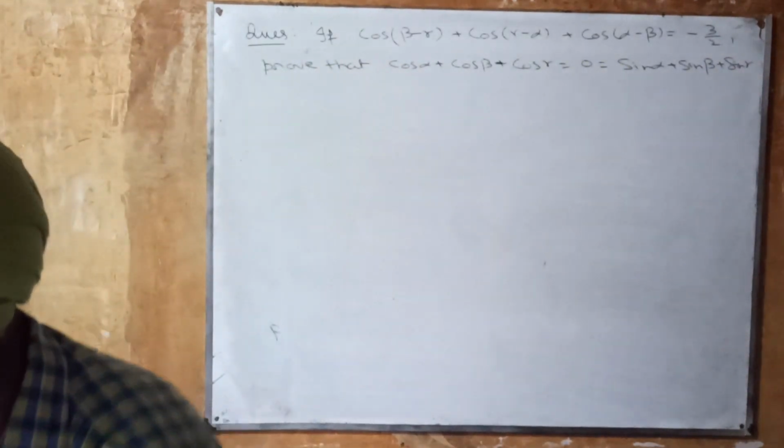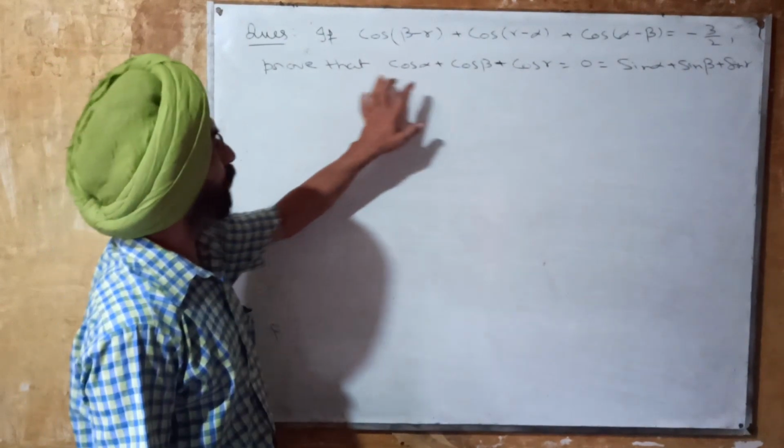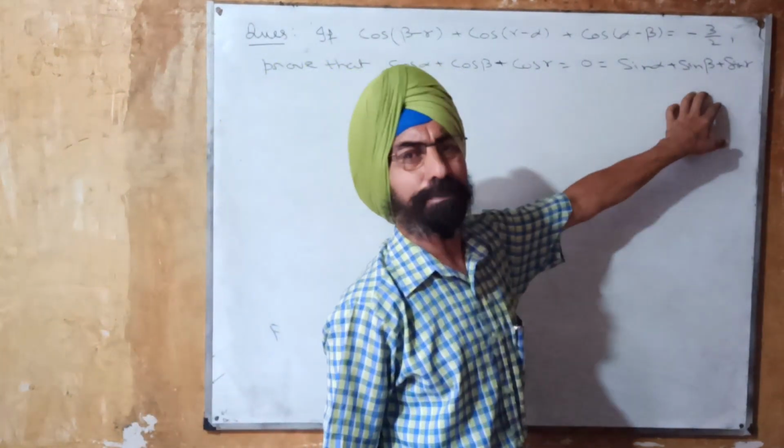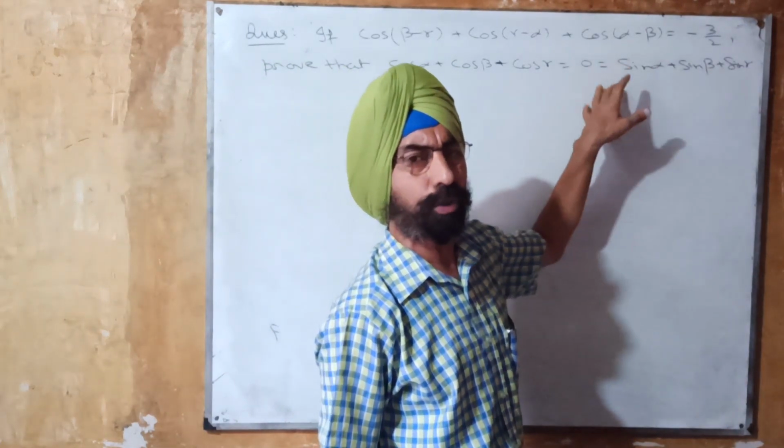That means we have to show that cos alpha plus cos beta plus cos gamma is 0, as well as sin alpha plus sin beta plus sin gamma is also equal to 0.